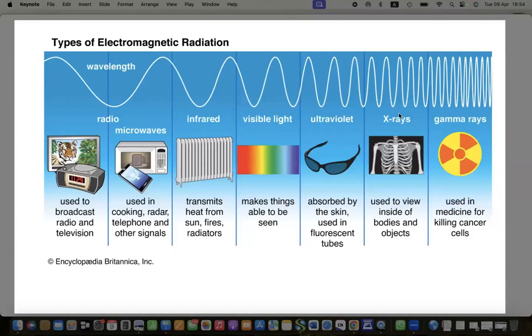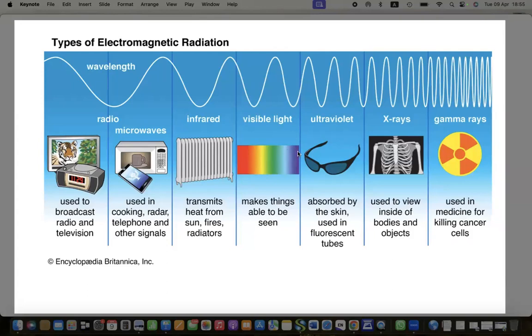Now moving to X-rays, the wavelength is gradually increasing, but these are still all invisible. Ultraviolet is also invisible, but it is absorbed by the skin and the eyes. There are non-visual receptors in the eyes which pick up ultraviolet.